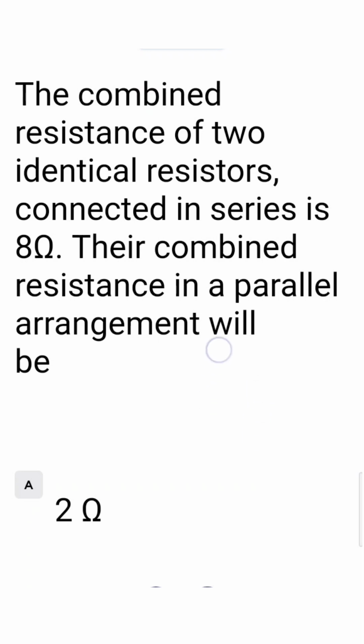Option A 2 ohm, option B 4 ohm, option C 8 ohm, option D 12 ohm. The correct answer is 2 ohm, that is in option A. So we tick at option A.